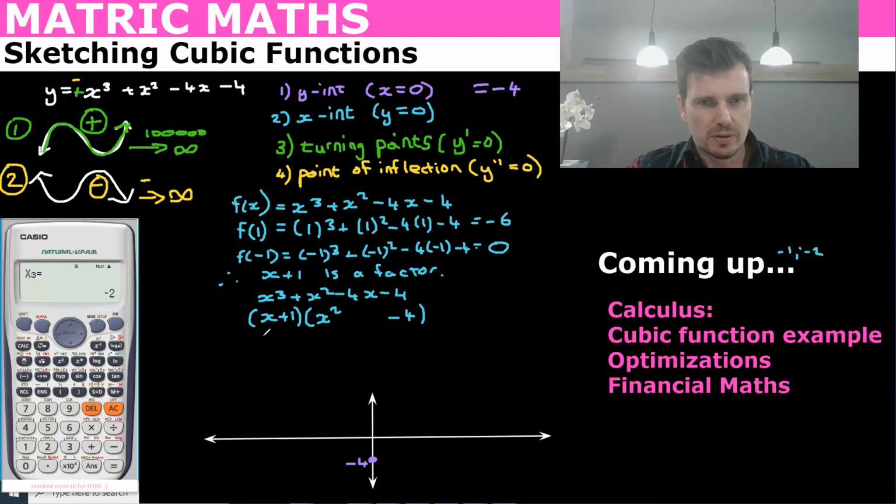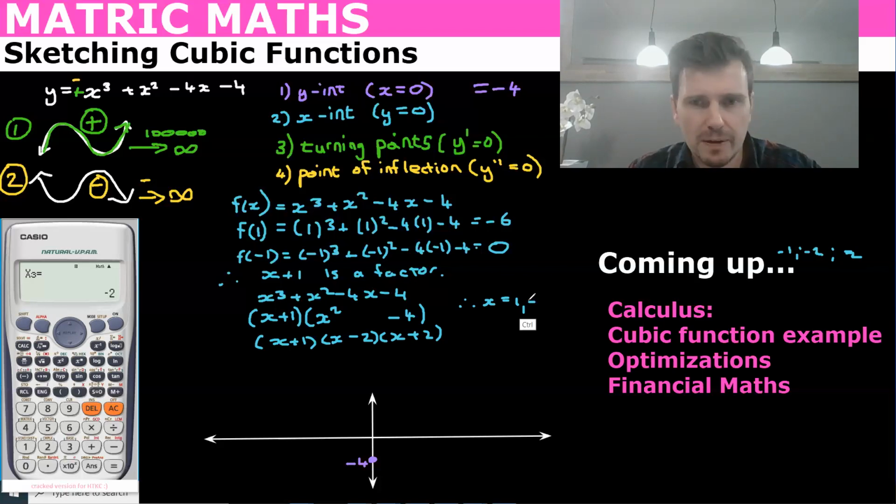So I then factorize that further, and I get x minus 2, and I get x plus 2, and I get those same answers, which I got with my silver calculator. So therefore, my intercepts are x equals 1, minus 1, minus 2, and 2.